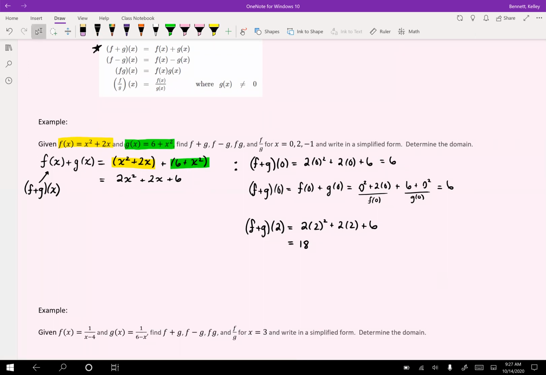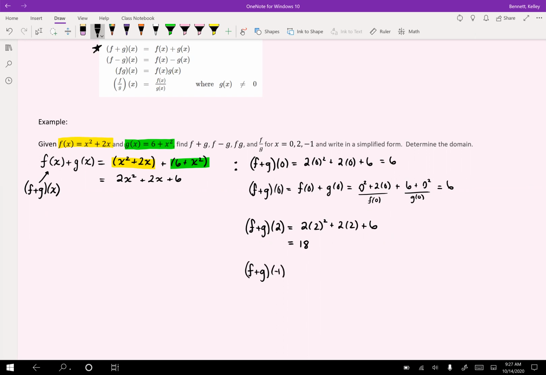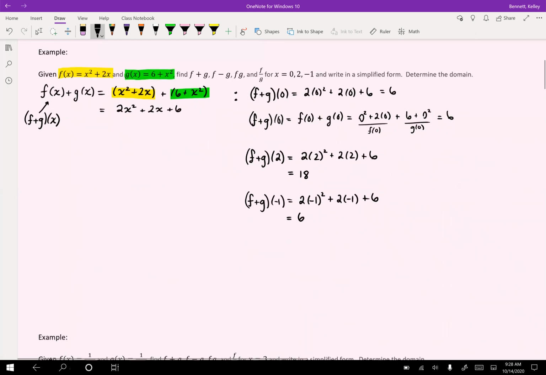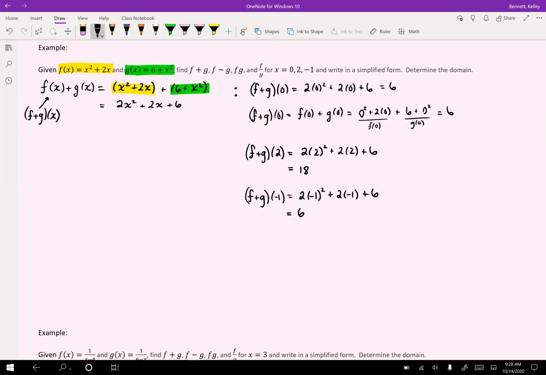And then lastly, I want to do f plus g of -1. So this is going to be 2 by -1 squared plus 2 by -1 plus 6. So that gives me 2 minus 2 plus 6. So I get 6 here. Again, you could have done that pointwise if you'd wanted to. So next we have to do the difference, the product, and then we'll move on to division, f over g.